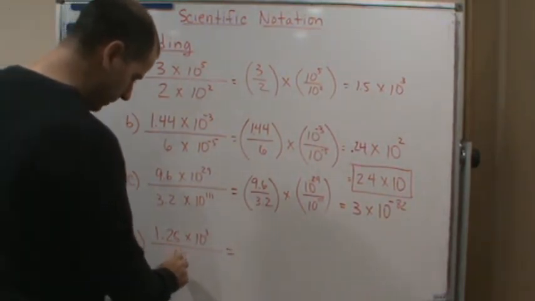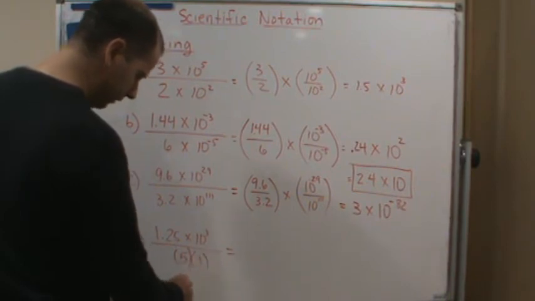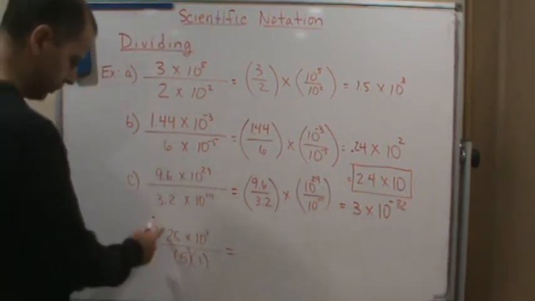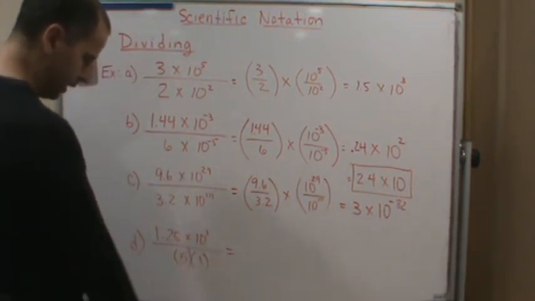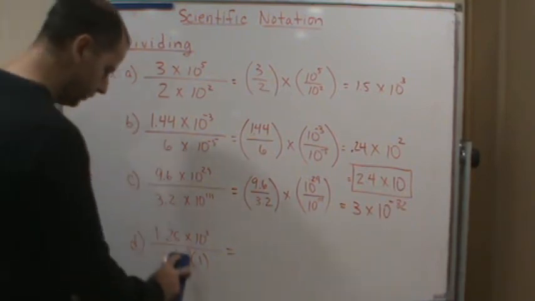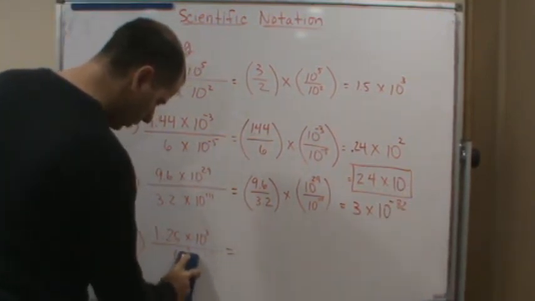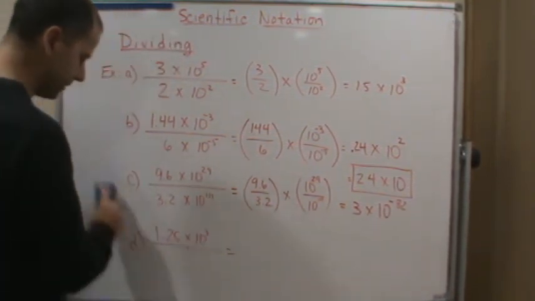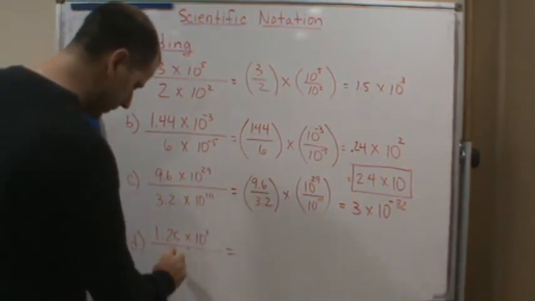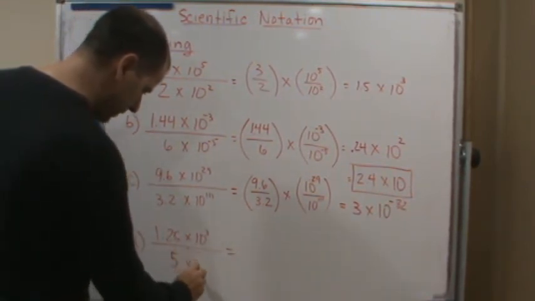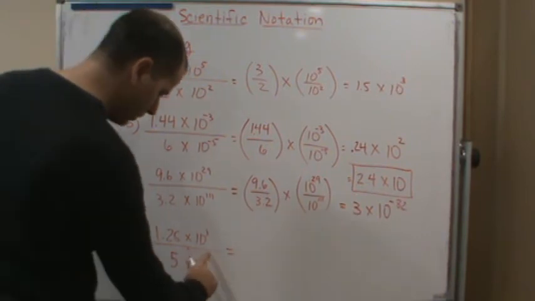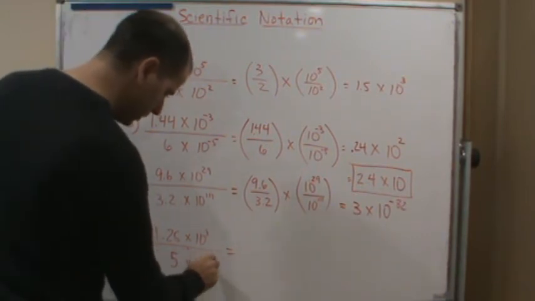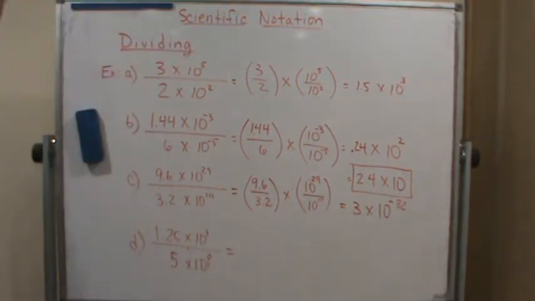We could split this up as 5 times 1, right? And we could put this and then just put 10 over 1. Or we could pretend and just rewrite this as 5 times 10 to the 0. Which is again the same as 1. Right? Either way is fine.